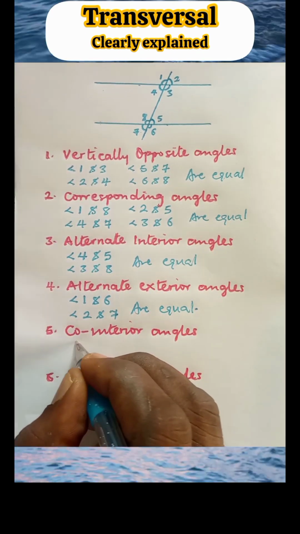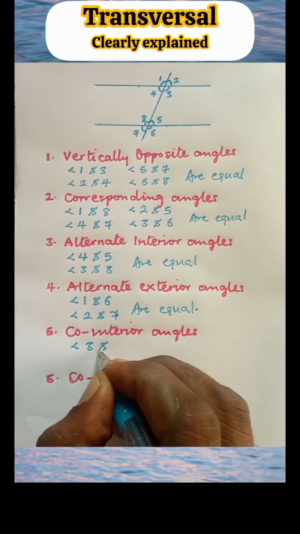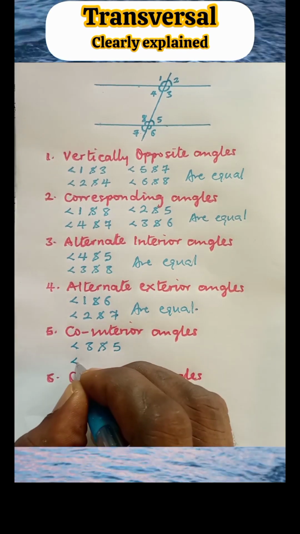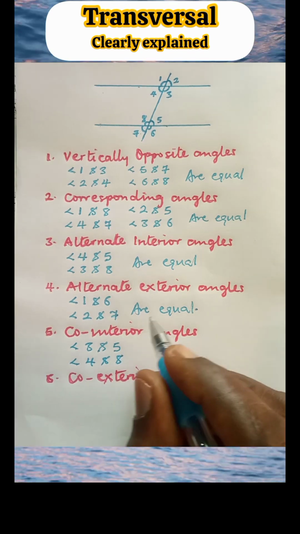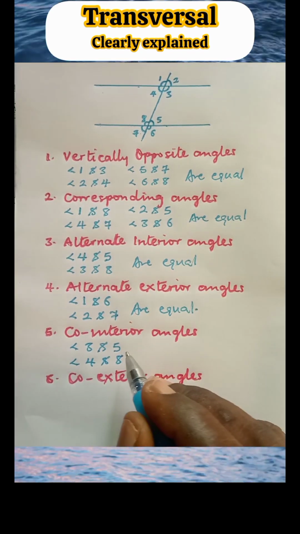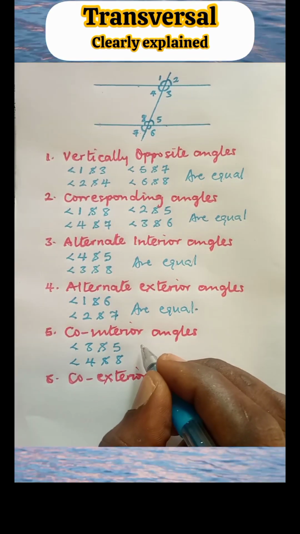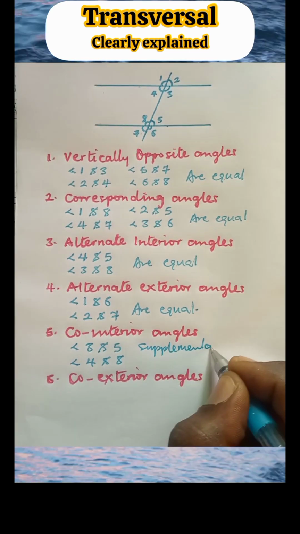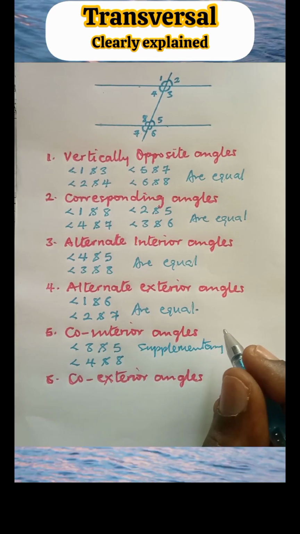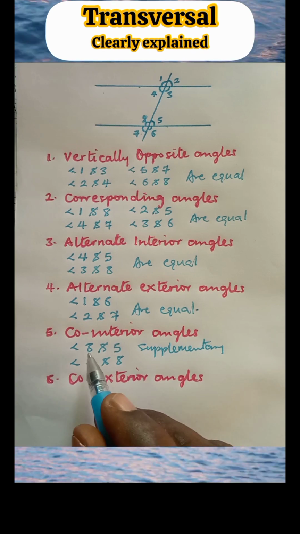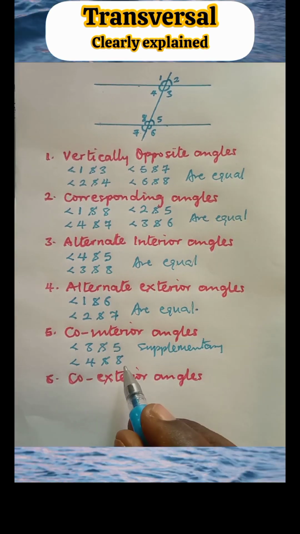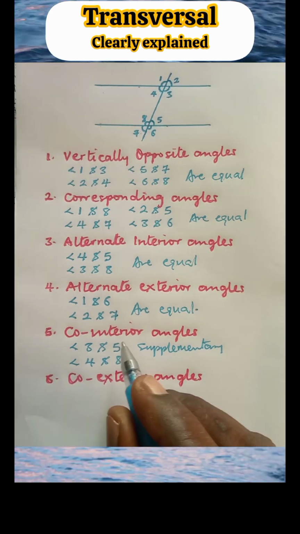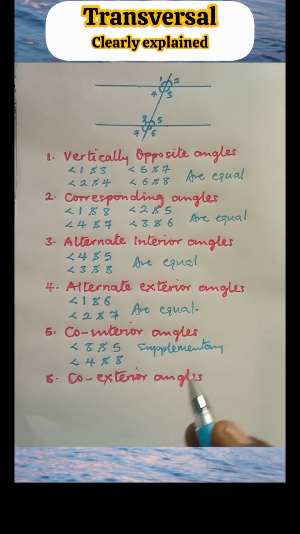Hence, the co-interior angles are angles 3 and 5, and then angles 4 and 8. Now, the relationship between co-interior angles, unlike the other angles mentioned previously, is that they are supplementary. Two angles are supplementary if their sum is equal to 180 degrees. For instance, angle 3 and angle 5 equal 180 degrees, 4 and 8 equal 180 degrees.